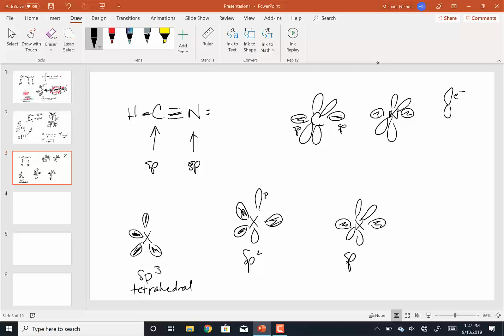But now I need to place the electrons into the orbitals. Well, every hybrid orbital gets one unpaired electron. At least. So if I look at carbon, how many electrons do I have to place around it? 4. Why? Because carbon has 4 unpaired electrons. So that means 1, 2, 3, and 4.